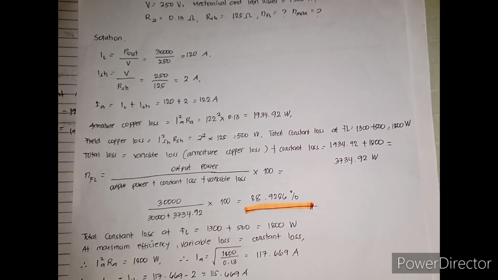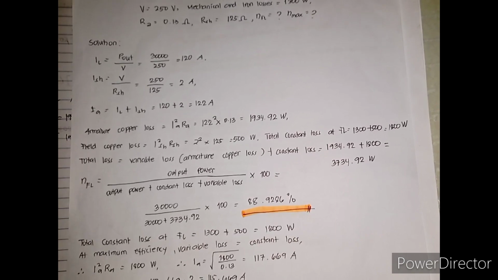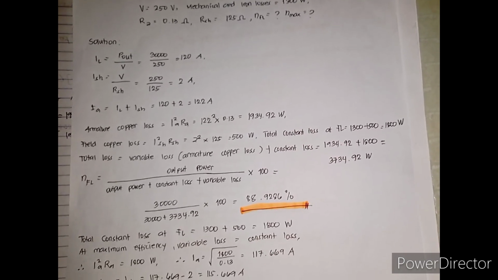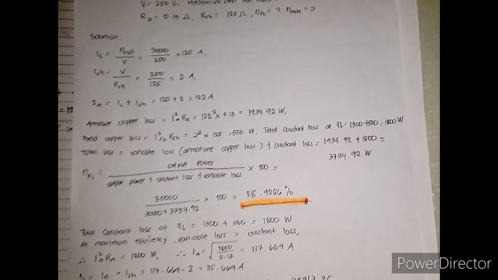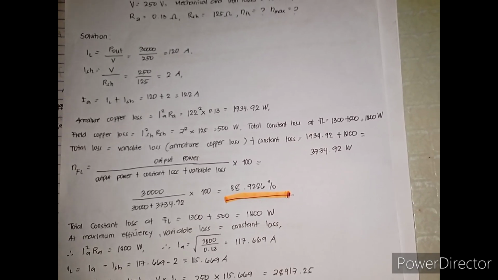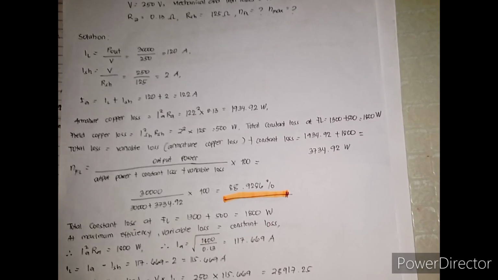And then the total constant loss at full load is equal to 1,300 plus 500, which is 1,800 watts. The total loss is the variable loss, or armature copper loss, plus the constant loss.